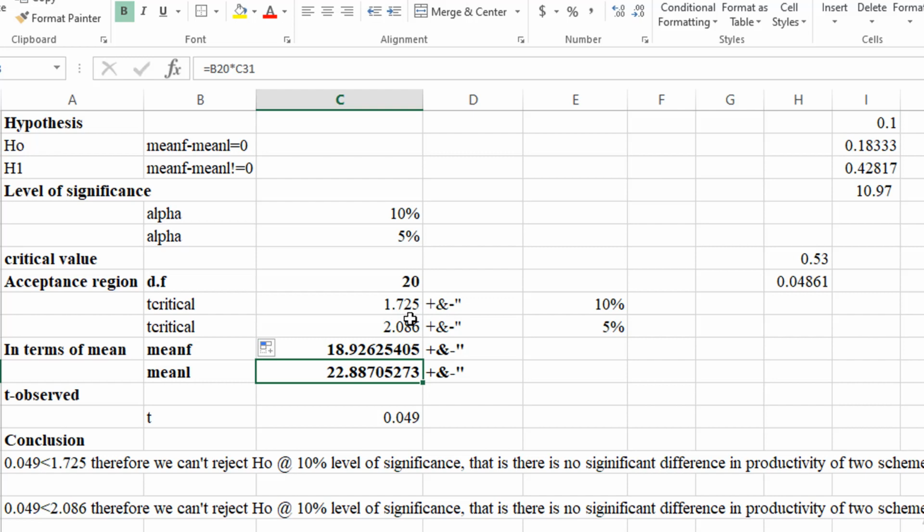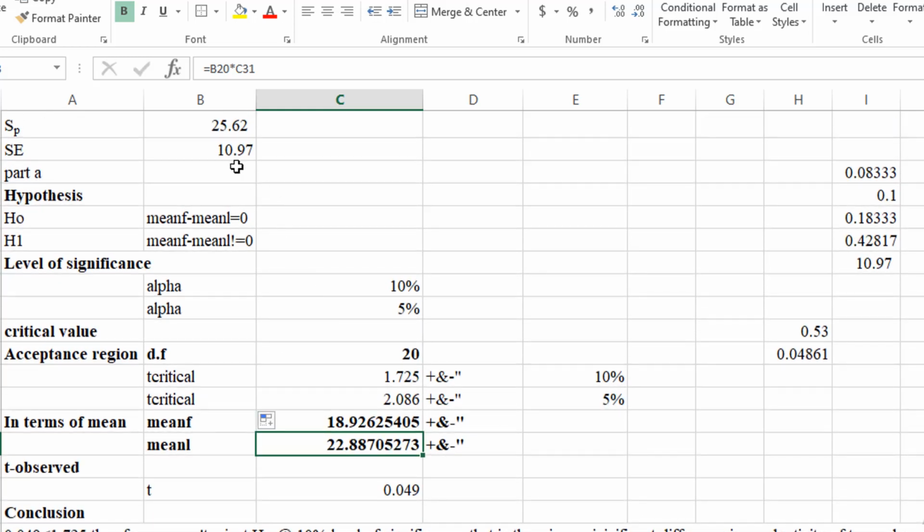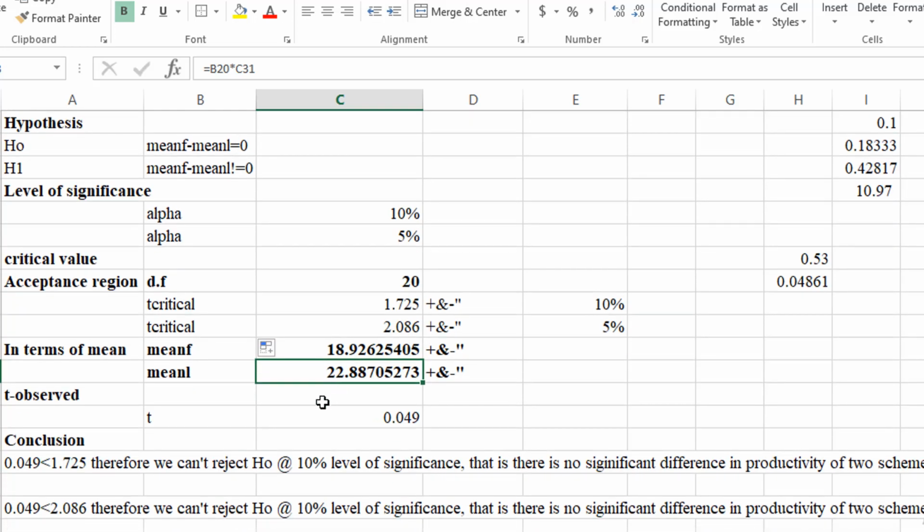For 5% it is 2.086 with plus minus, two sides here and there. In terms of the mean difference, how we get the T value, this critical value, into SE, and here the T is this one, and SE remains the same for both cases.